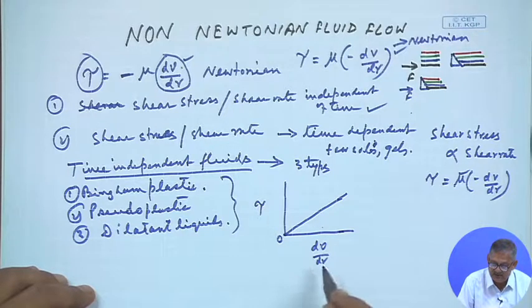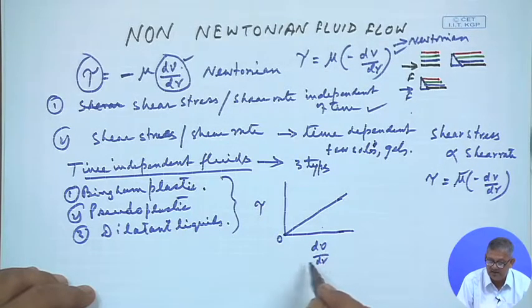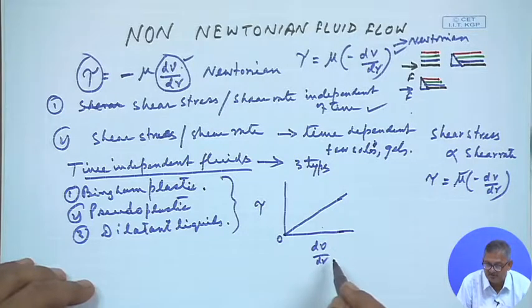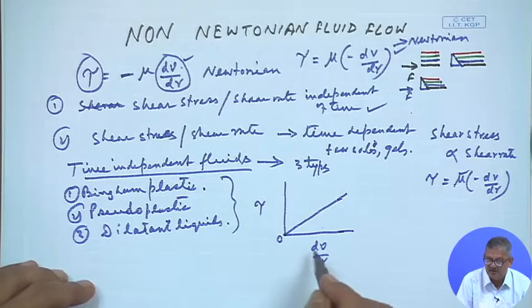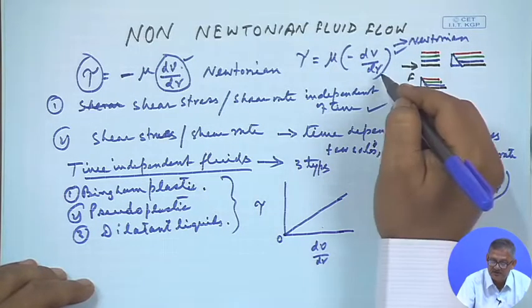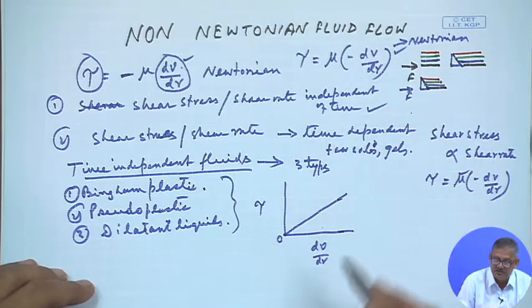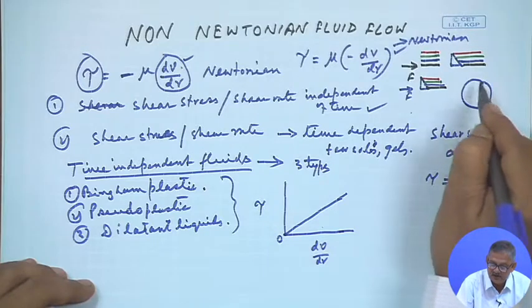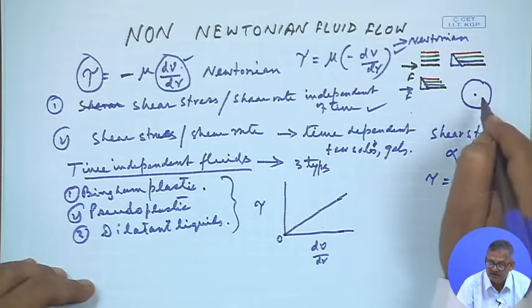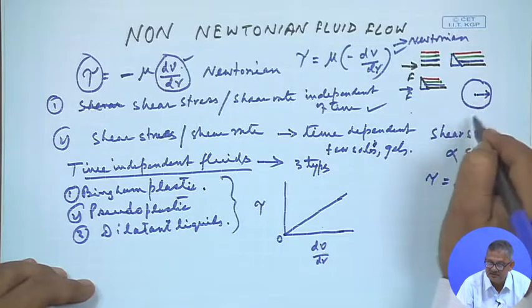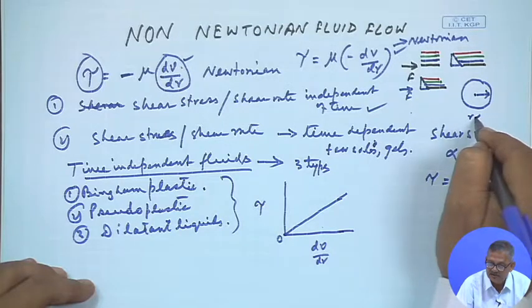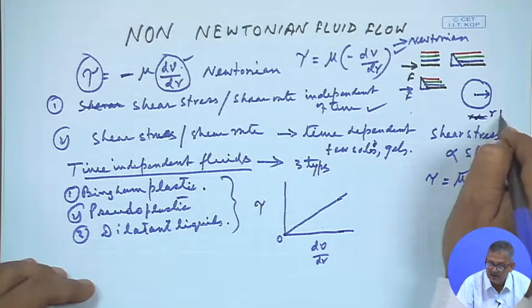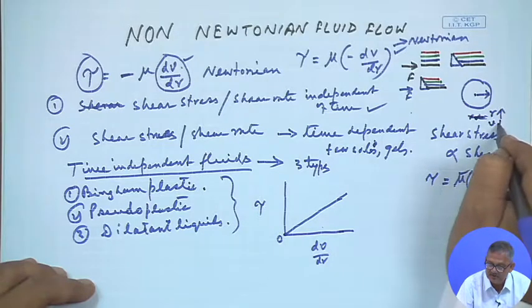Here we have minus dV dr, because with increasing r, V is decreasing. If this is the pipe, this is the center, and this is r, then as r is increasing, V is decreasing.